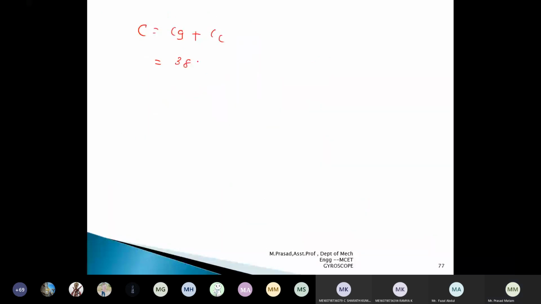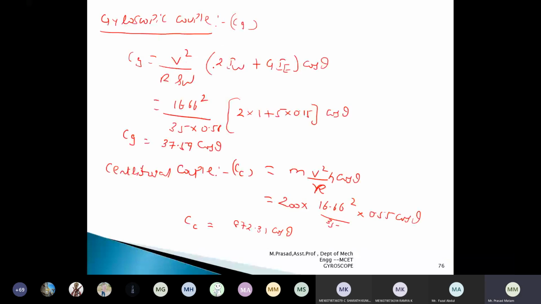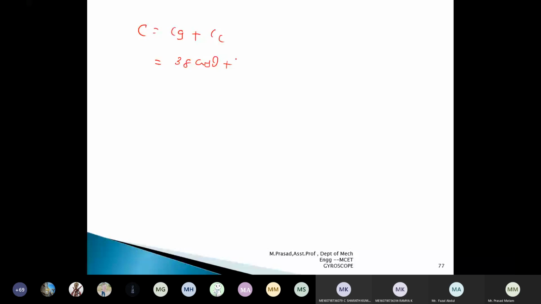Let it be 38 cos theta. And centrifugal couple we got 872 cos theta. What is the answer we are getting? Combination of these two, 872 plus 38, 910. Okay, total couple we got.